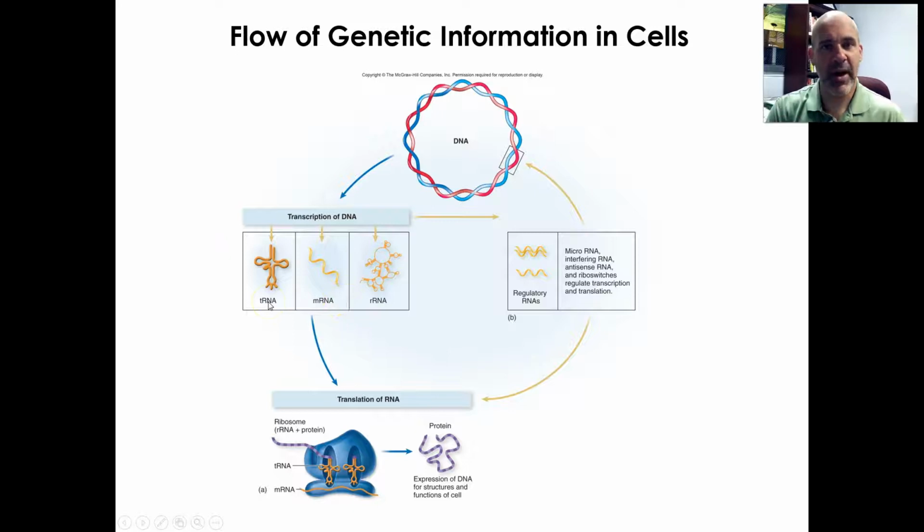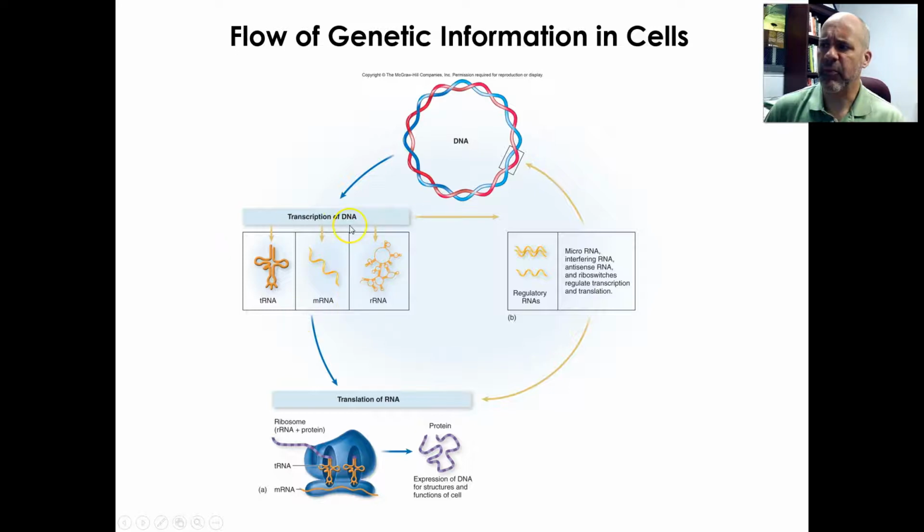RNA is a nucleic acid like DNA, but remember you have those little differences that we talked about between DNA and RNA nucleotides that are used to build them. And when you make an RNA copy of a stretch of DNA, you make a complementary copy of some stretch, and that process is called transcription. So you're copying the DNA, or transcribing it, into an RNA molecule.